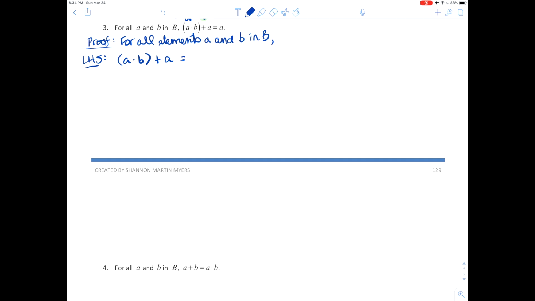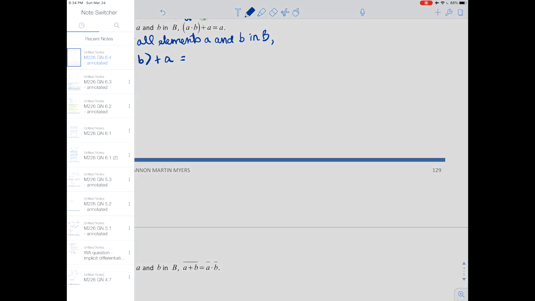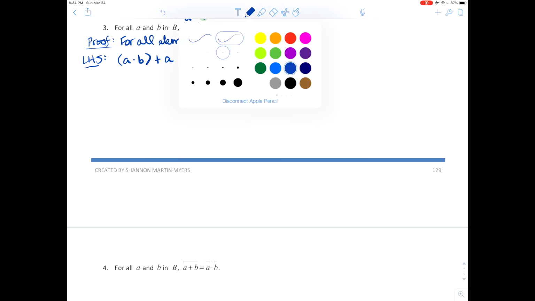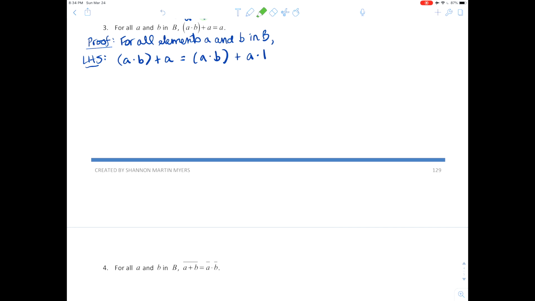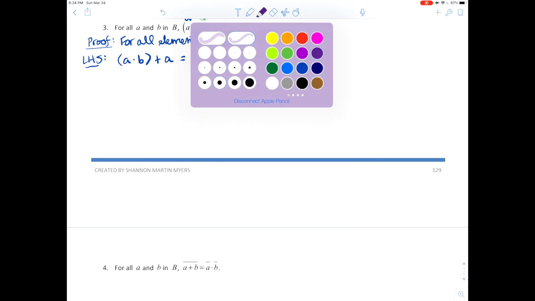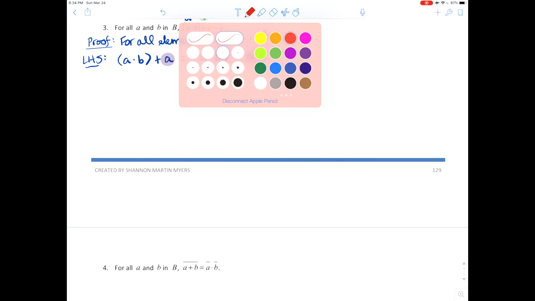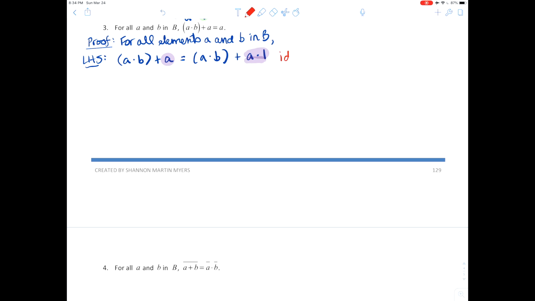So what do you think we should do? It's again using that one trick, right? It's the A and B staying the same, or A and 1. So the A and the A and 1 are equivalent. And that property is just the identity law, or one of the identity laws.